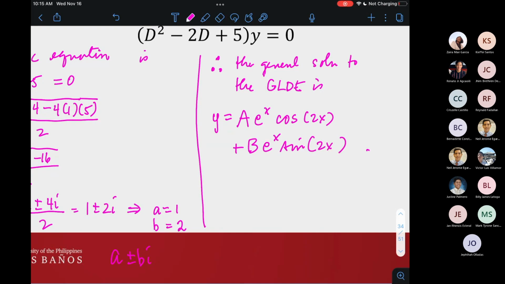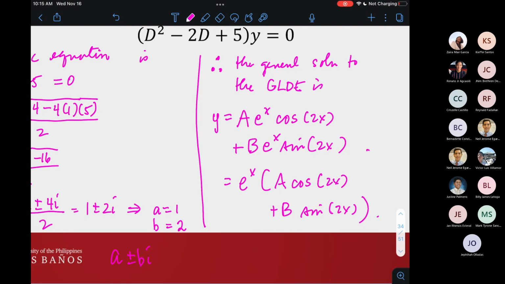Okay, this is the general solution. All right, or you can write it as e to the power x times a cosine ng 2x plus b sine ng 2x.